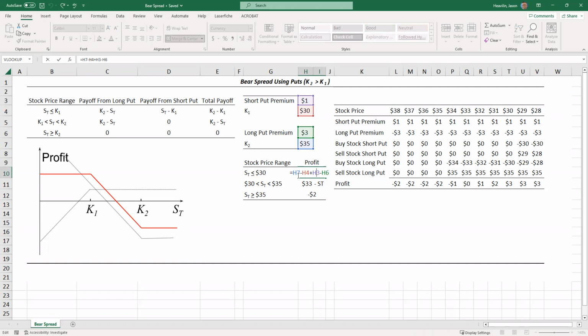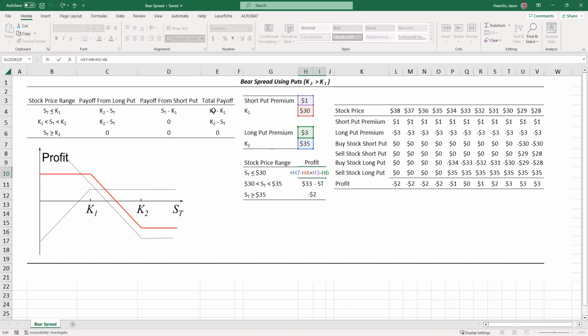So we start with H7, which is K2, minus H4, which is K1. However, because you are selling the put in this situation, you're going to add that dollar because you're going to receive that dollar as a premium when you sell this. That's the short put premium. You sell it, you get $1. The long put premium, you're buying the put, so you're going to pay $3. So that's a cash outflow, so you're going to subtract that 3.